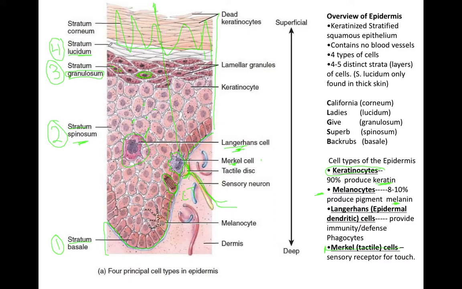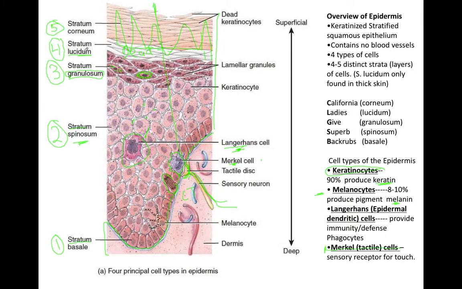Okay, so these cells are dead. D-E-A-D. No nuclei here. These are just keratinocytes that have been filled up with keratin. They're dead. Same thing with the next layer up, the top layer, stratum corneum. These are dead cells.